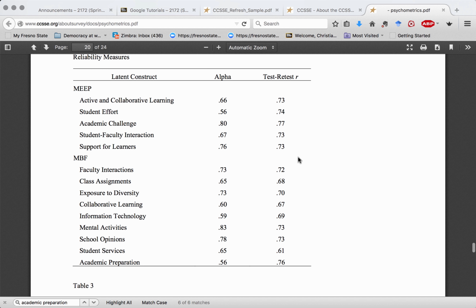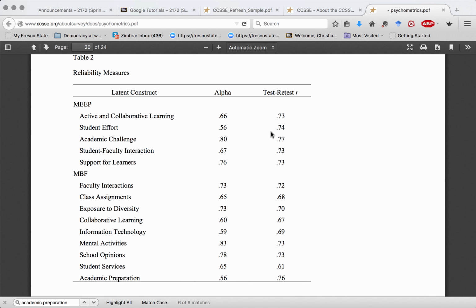Now, let's look at what has the lowest test-retest. We see that's for student services, right? So I imagine that makes sense. They could fluctuate because you might use it one year quite a bit, and then next year you might use it less. Then let's look at the alpha, and if we just use the 0.70 gold standard rule here, we can see this one is below, this one is below, this one is pretty good, this one is below, this one is pretty good.